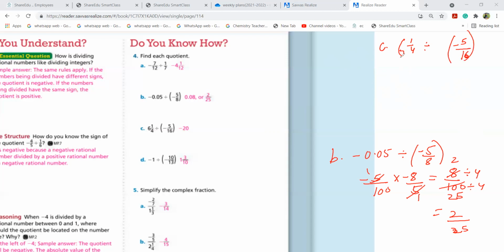So how do you do this? You open it: 4 times 6, 24, plus 1, 25, over 4. Then you divide. The division becomes multiplication because I don't want to increase one step. Multiplication and 16 over minus 5.